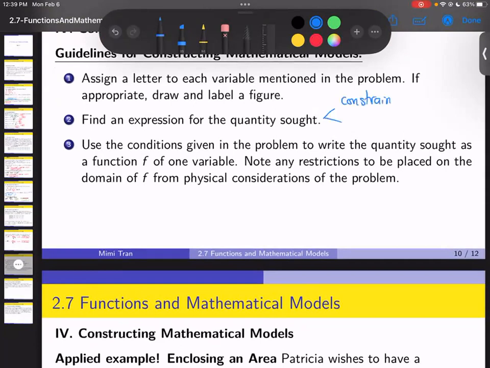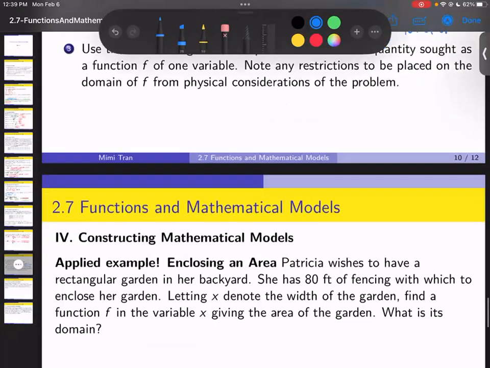Like the name suggests, the interest function is the one that you want to work with. So what do I use a constraint function for? To substitute stuff. I'll show you what I mean by that. And then step 3, we'll talk about that.